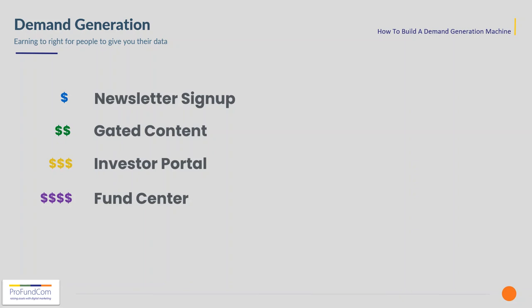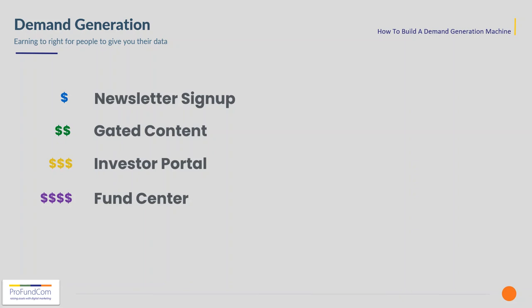The way we've scaled this up for our clients is giving them the ability to request investor or prospect data via their website, through newsletter signups, gated content, an investor portal, and fund centers. But as these increase in effectiveness and get you closer to a potential investor, they come with a cost of actually building them out.